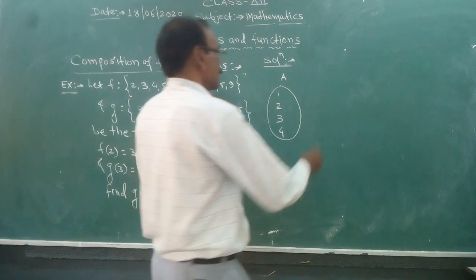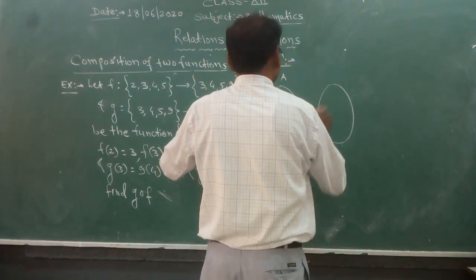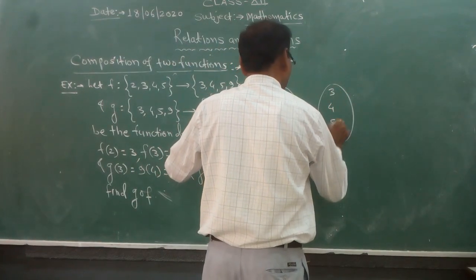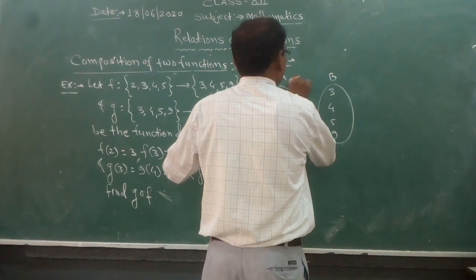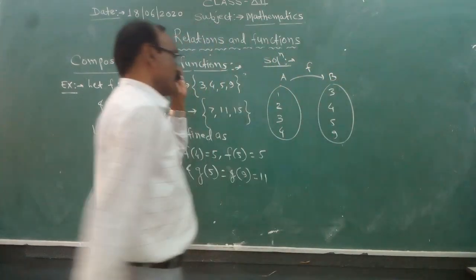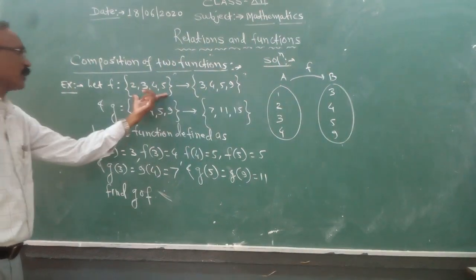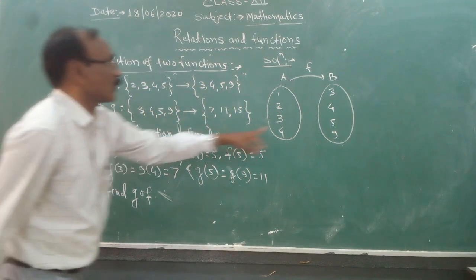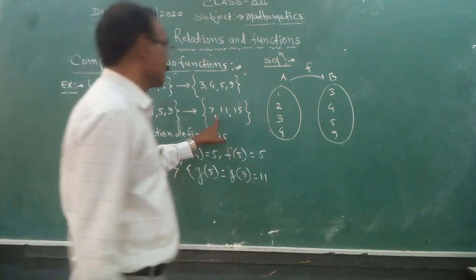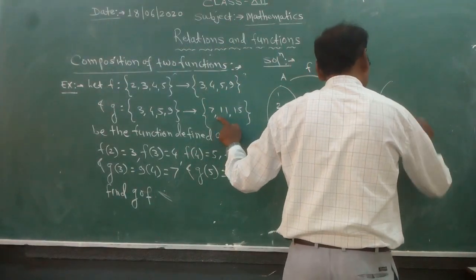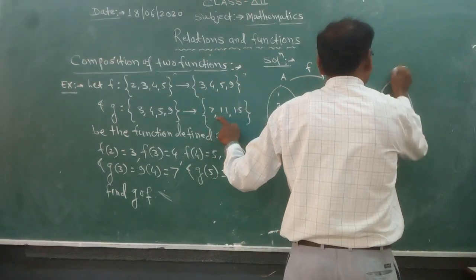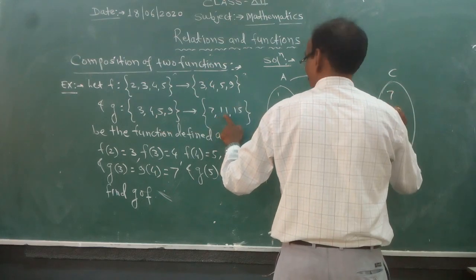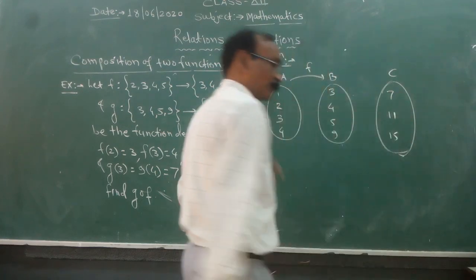A to B, where set B is 3, 4, 5, 9. So f is a function from A to B. Then g is a function on the same elements 3, 4, 5, 9, from B to C, another set, that is C, with the set 7, 11, 15.